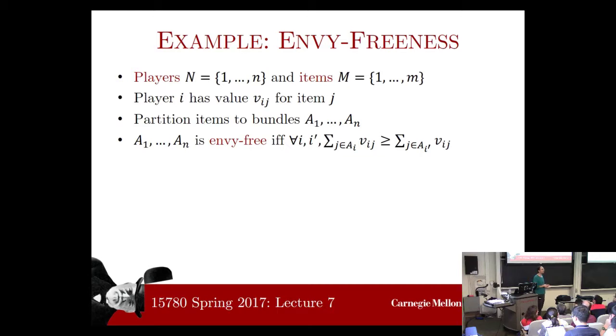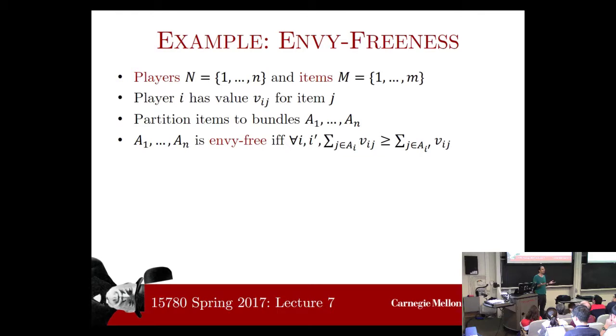I think I wasn't clear. I meant, is it possible that it's impossible for an envy-free allocation to exist? Yeah, sorry. So the question was, can we always find an envy-free allocation? And the answer is definitely not.